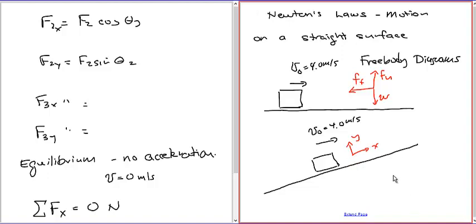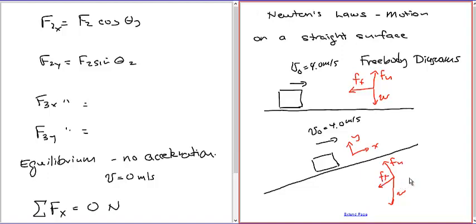And what our free body diagram would look like there is you'd have the weight going down, you'd have the normal force pushing up like that, and you'd have the friction force going this way. So this is your friction force.